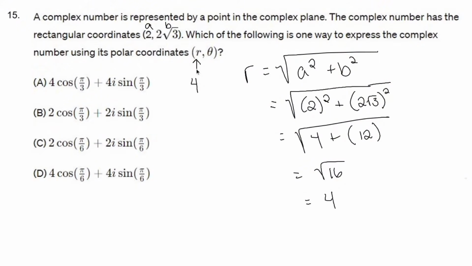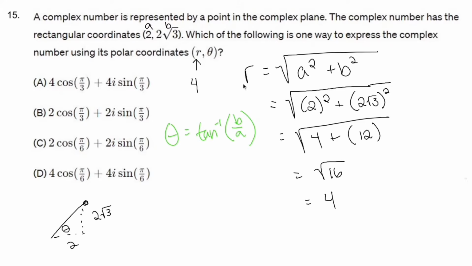What we don't have is theta. Now, what we saw before is we put a dot right there. We knew that this was 2. We knew that this was 2 root 3. And my job is to find this angle right here. Well, if I was thinking SOHCAHTOA, I would think that the tangent of theta is going to equal the opposite over the adjacent. Or we could just write out that theta equals the inverse tangent of b over a. So have that guy memorized.